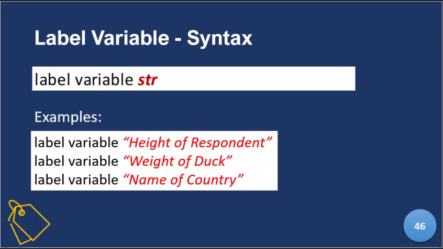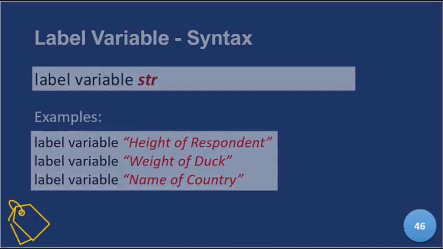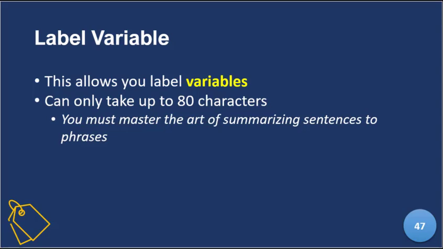So you say label variable, mention the name of the variable, and then what you want to call it. I've also emphasized that it only takes up to 80 characters. So it's one of the things you need to do in your data set.